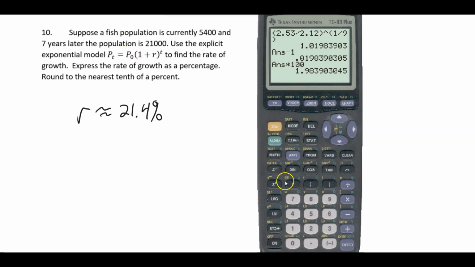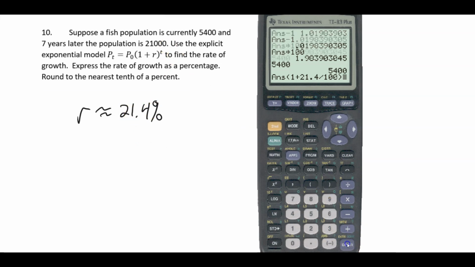So if we start off with 5,400 and then we multiply our answer by the growth factor 1 plus R, which is the 21.4 over 100, this should grow it by the growth rate once.